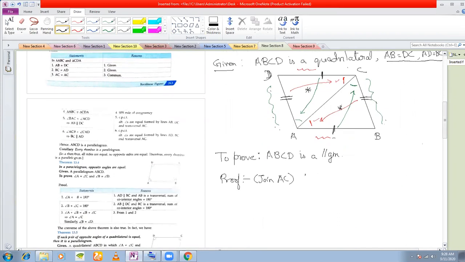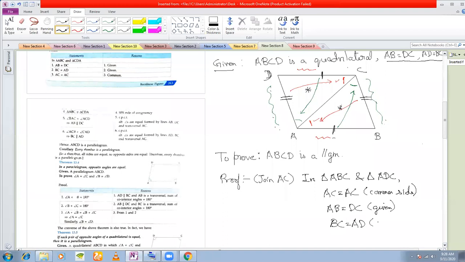So that is what we proceed with in the proof. In triangle ABC and triangle ADC, AC is equal to AC, common side. Next, AB is equal to DC, given, and BC is equal to AD.